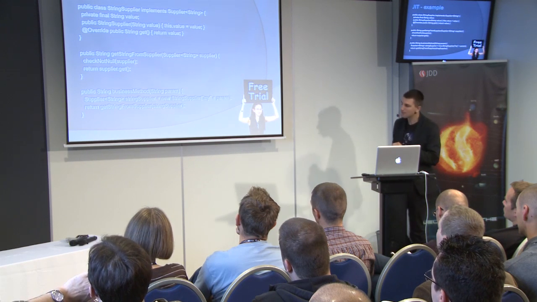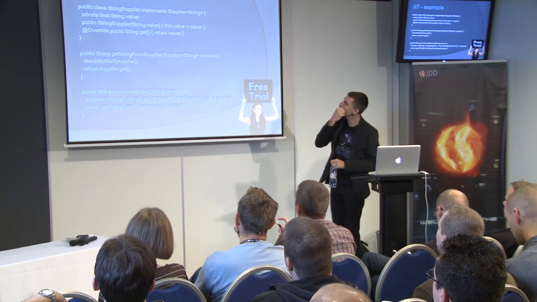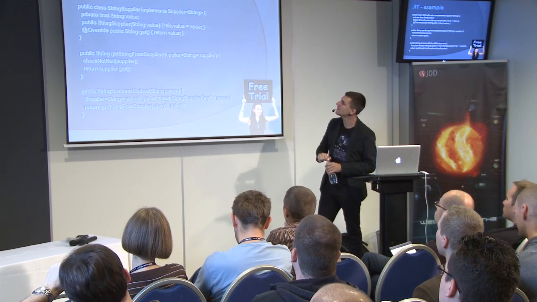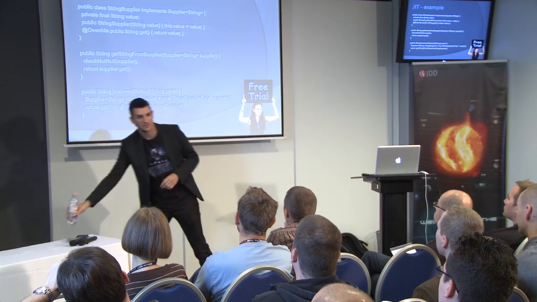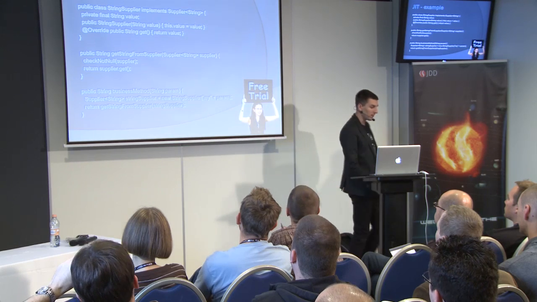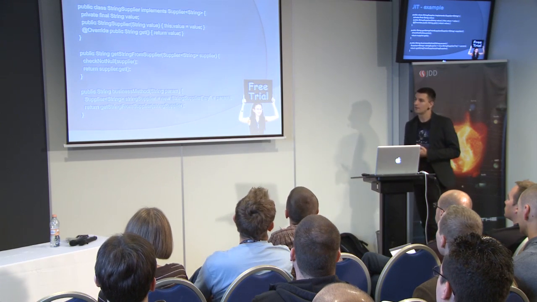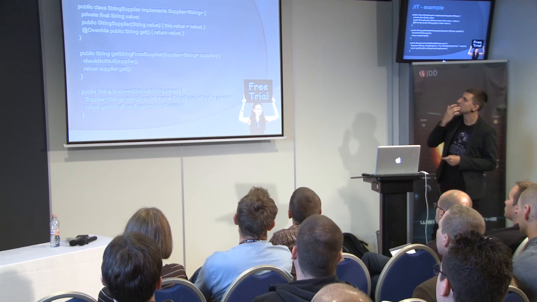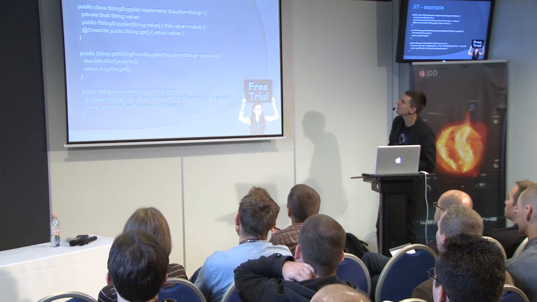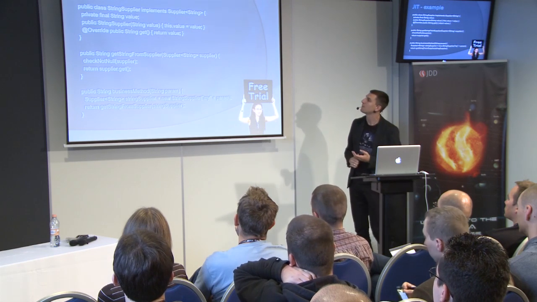Okay, it's quite easy, I think. We've got a Supplier interface. Do you know the Guava Supplier interface? It can be used, for example, for the time provider pattern in unit tests or something similar. So we've got a class StringSupplier, which implements Supplier with the generic type String.